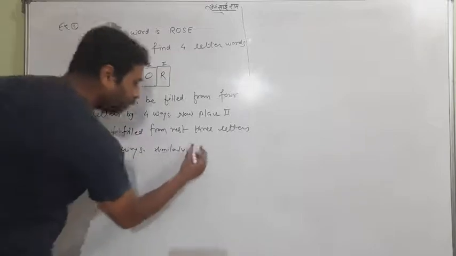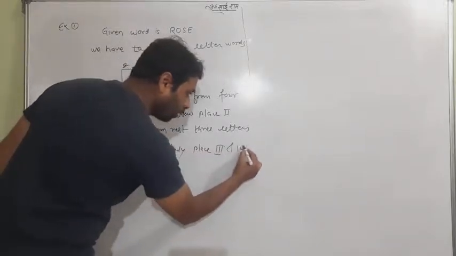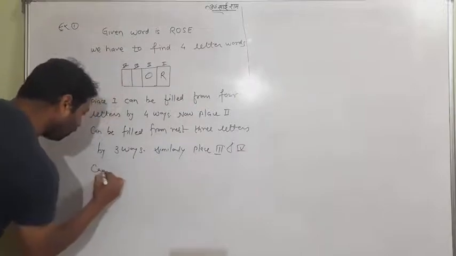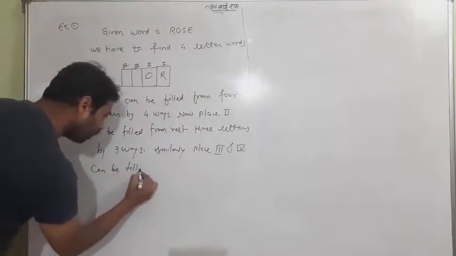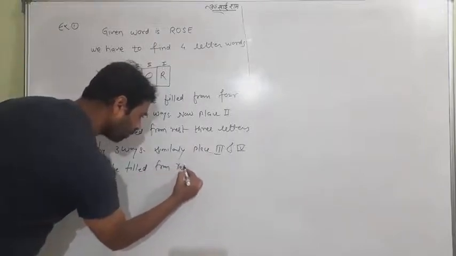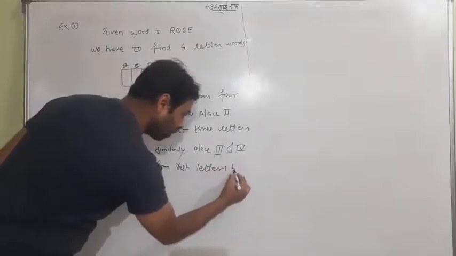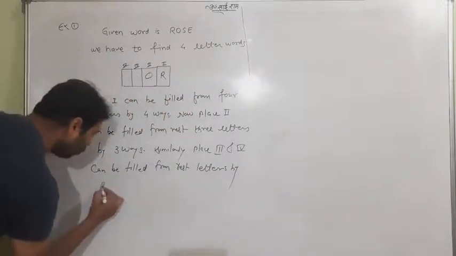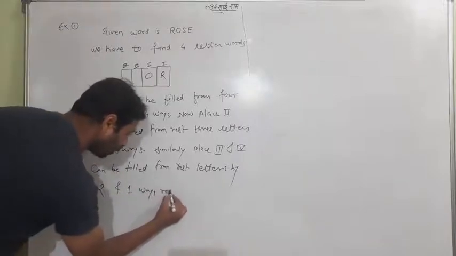So similarly, place 3 and 4 can be filled from the rest of the letters by two and one ways respectively.